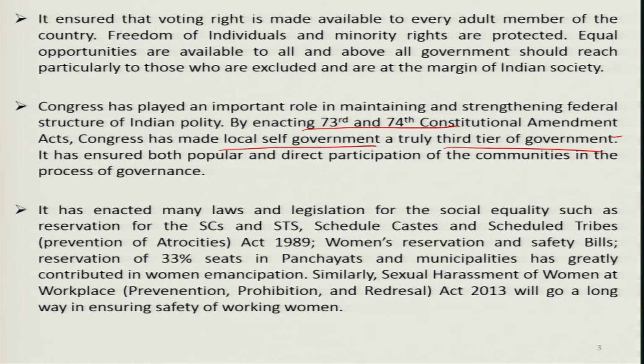So, this 73rd and 74th Amendment Act has ensured both popular and direct participation of the communities in the process of governance, and it has truly made the federal structure in India a three tier government, starting from the federal government at the center to the provincial governments in states, and also these local self-government bodies in panchayats and municipalities in urban and rural India.